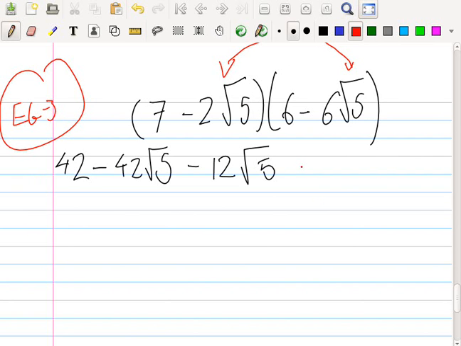So in fact, at the end, you don't get any roots. You just get a 60. So 42 plus 60 is 102, minus 42 root 5, minus 12 root 5, minus 54 root 5. And that's the answer.